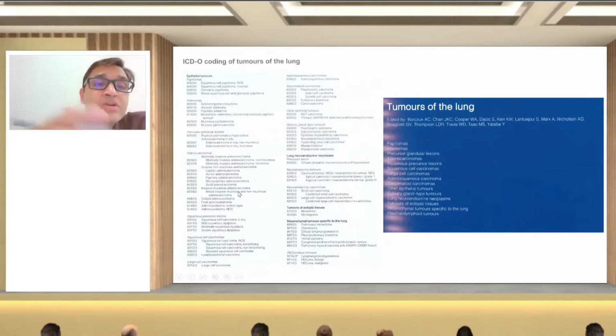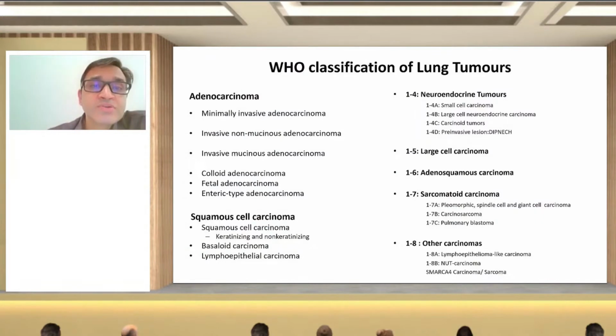And it's not only the adenocarcinoma now, the further subtyping of the adenocarcinoma is also very relevant, based on the histological growth patterns. The WHO classification of lung tumors mentions that in adenocarcinomas, we have to make an attempt to further sub-categorize into the further types. Squamous carcinomas can be keratinizing or non-keratinizing.